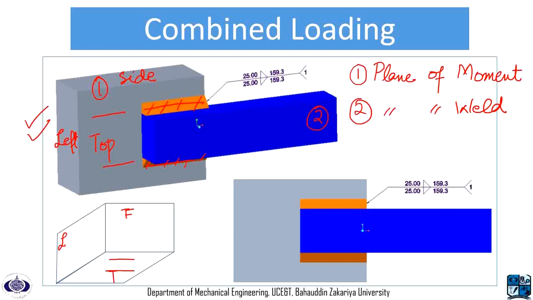Now let's say we apply the load on this parent metal 2, then this force is going to produce a moment in the top plane as well. So the moment as well as the profile of the weld are both in the same plane.